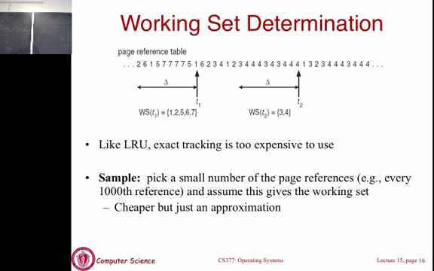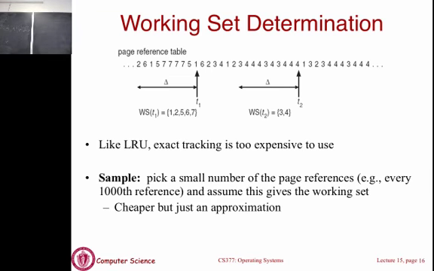If we're right here and this is our working set interval, then the working set is every page referenced from here to here, which is 1, 2, 5, 6, and 7. A few pages are repeated, so they're not duplicated in the working set. So the working set size here is 5, versus if we're later repeatedly requesting just pages 3 and 4, then the working set size is 2. That would be how you keep track of the working set size.